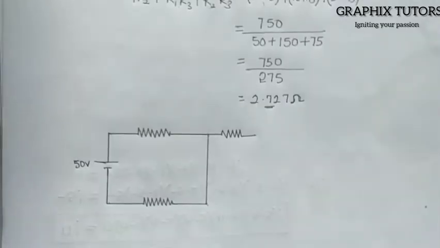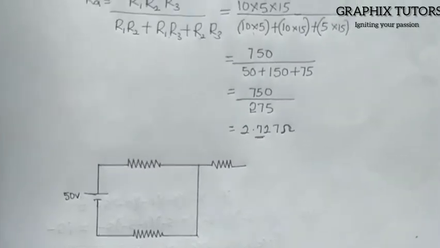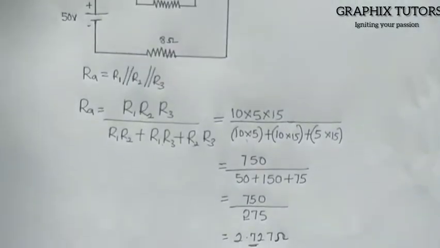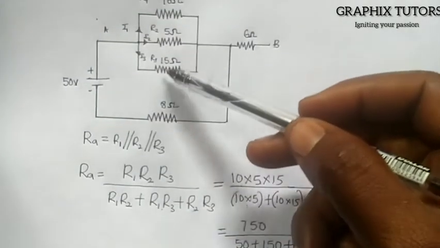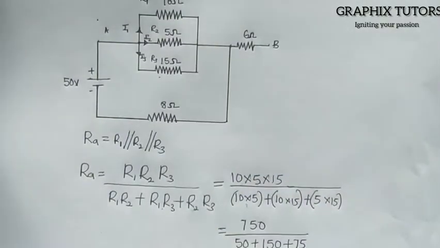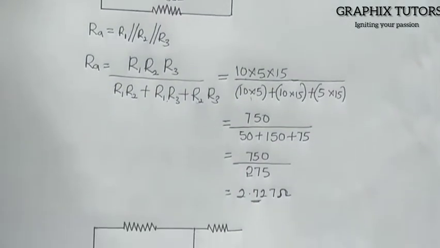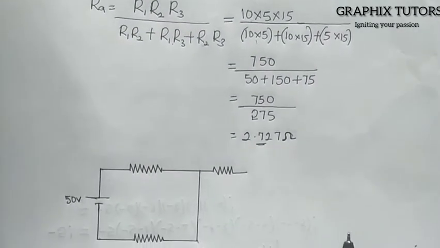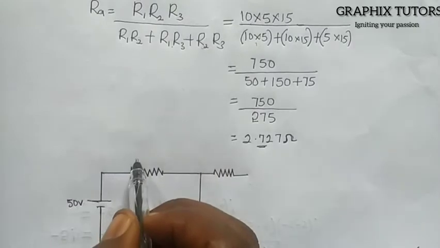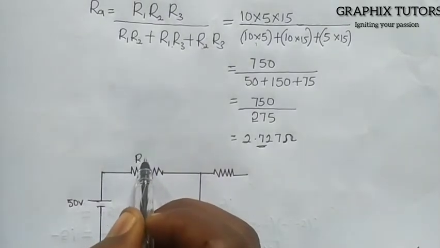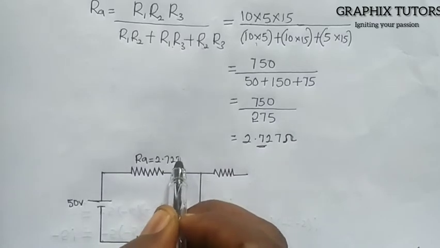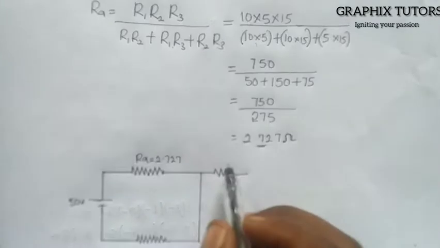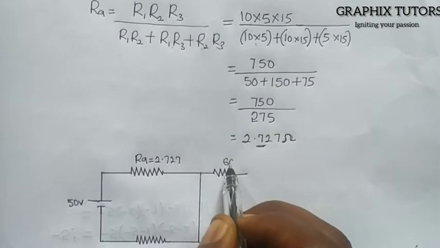Now I will withdraw. Now withdrawing, we're having this. We've made the entire circuit here. These 1, 2, 3 in parallel that we solved for are now a single one, giving us our RA, and that is 2.727. So RA here is equal to 2.727, and this is 6 ohms here.